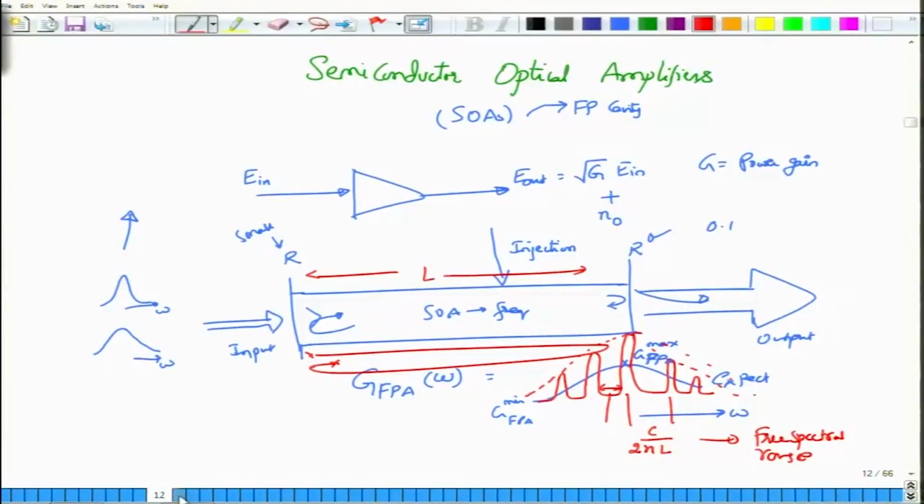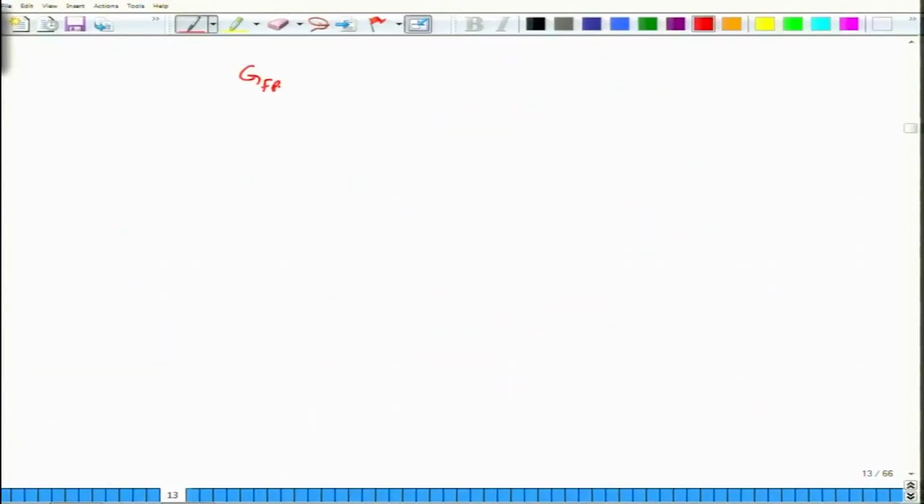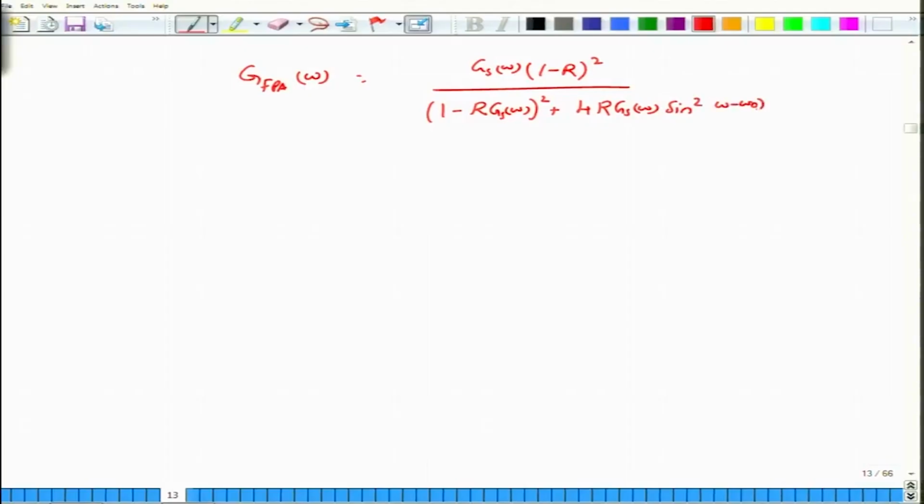If you are interested in the expression for what would be that gain as a function of frequency, you may actually see that this will be given by G_FP(omega) equals Gs(omega), where Gs(omega) is the line shape function of the basic lasing material, whatever the laser active gain material that you have used, times (1 minus R Gs(omega)) squared plus 4 R Gs(omega) sine squared of (omega minus omega_0) times n L by V. Okay. Where V of course is given by C by n, the phase velocity.